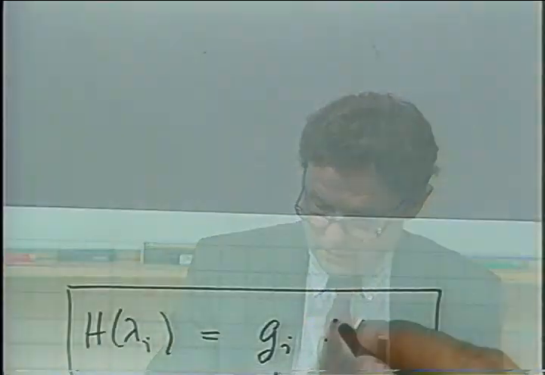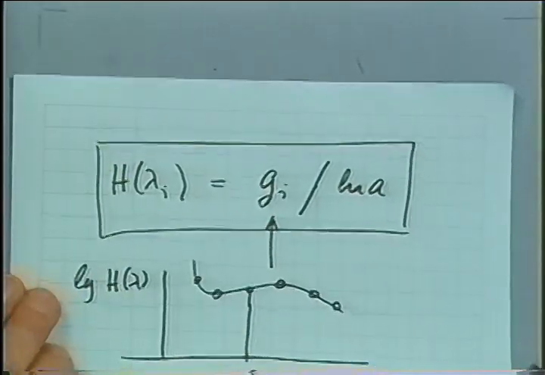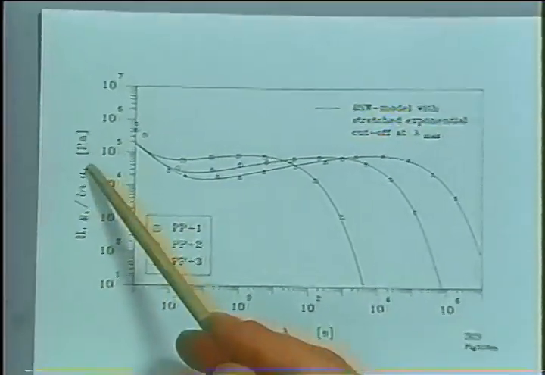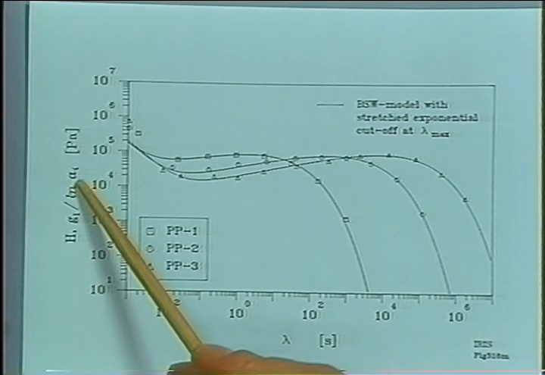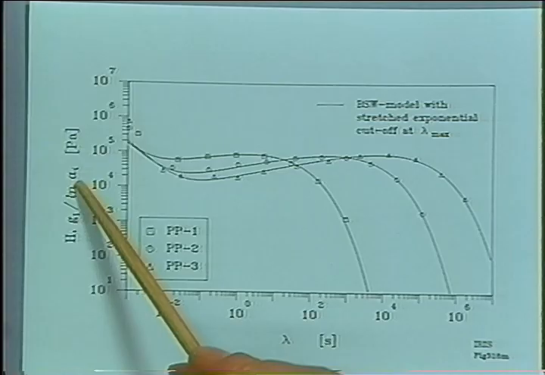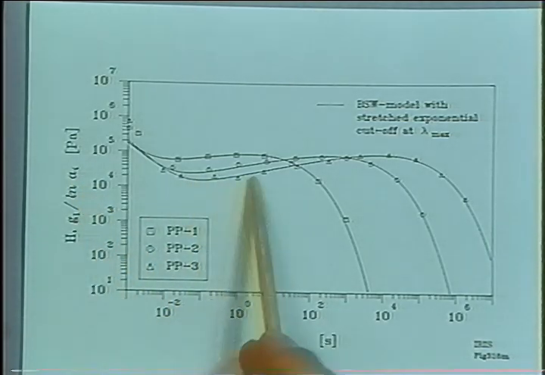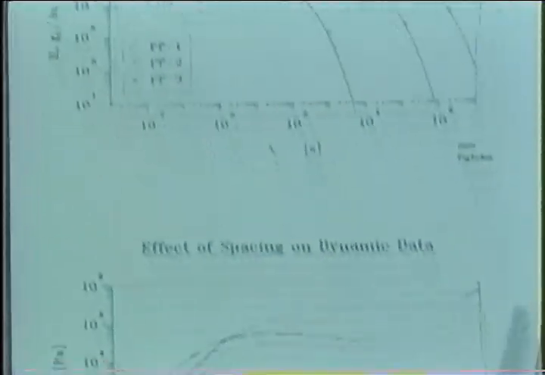Since we put this here, it has to be divided by ln A. So we're dividing by ln A, and we use a spacing which is locally varying because we have freely adjusted time constants, but the variations are not so big. And you can see that those data points fit very nicely on the continuous spectrum.